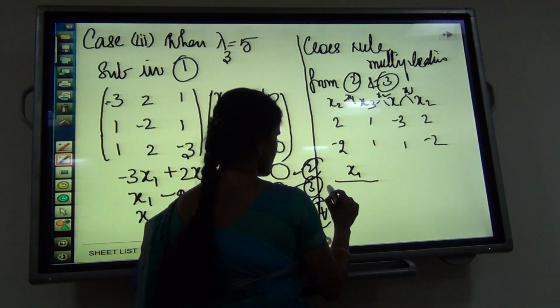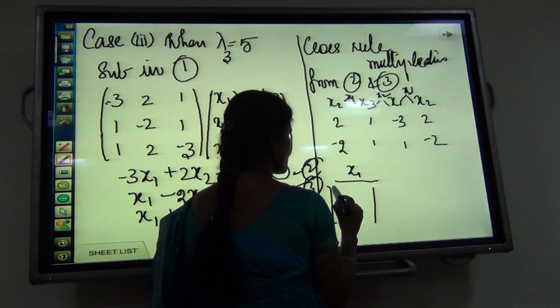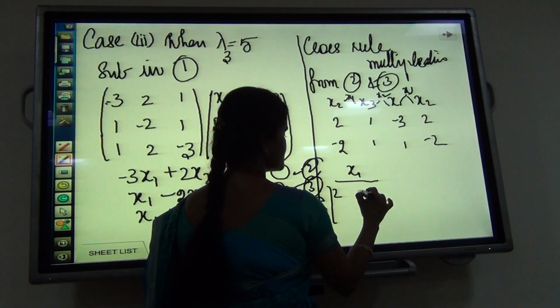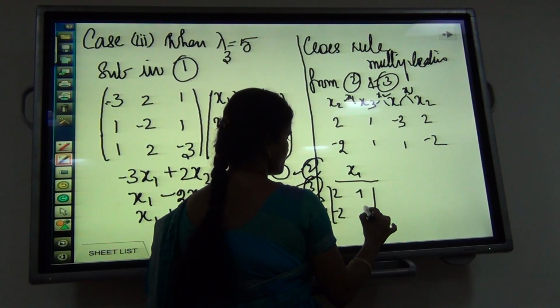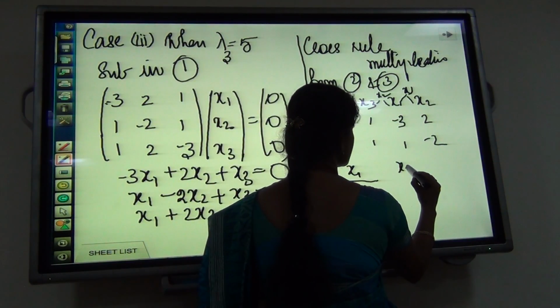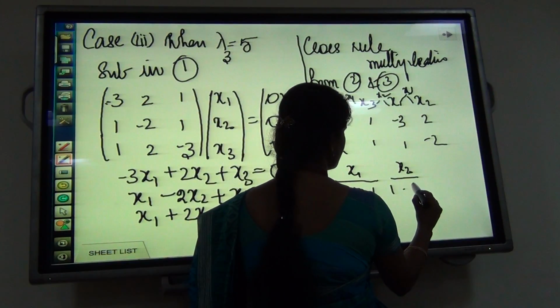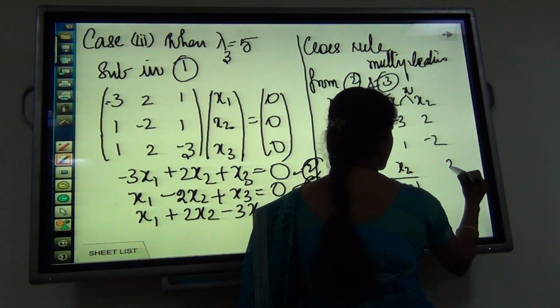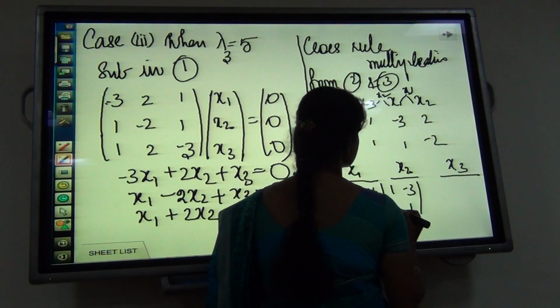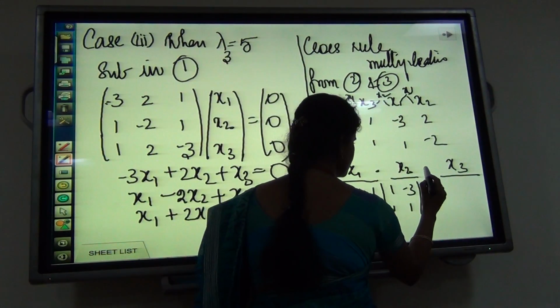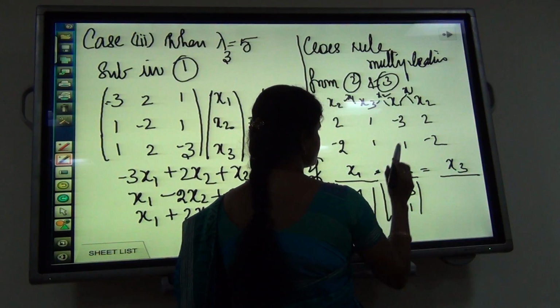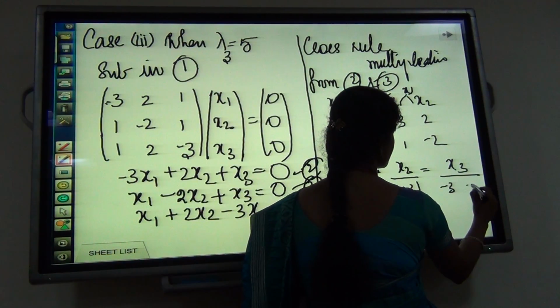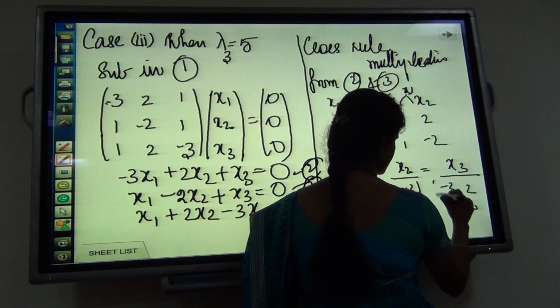You can get it from the determinant of coefficients of x2 and x3: 2, 1, minus 2, 1. For x2 it is 1, minus 3, 1, 1, determinant of this. And for x3 it is minus 3, 2, 1, minus 2.